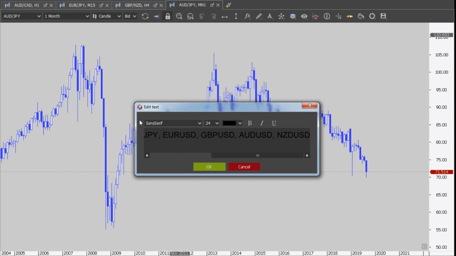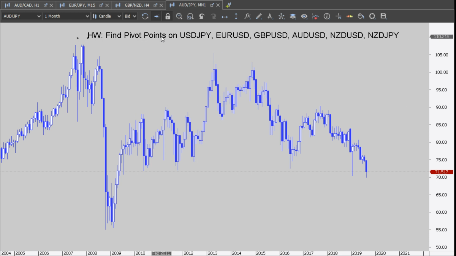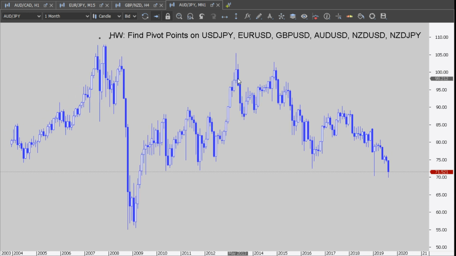NZD USD and NZD JPY. Okay? Homework until tomorrow. Find pivot points on USD JPY, EUR USD, GBP USD, AUD USD, NZD USD and NZD JPY. On the monthly chart, all of them, monthly chart.